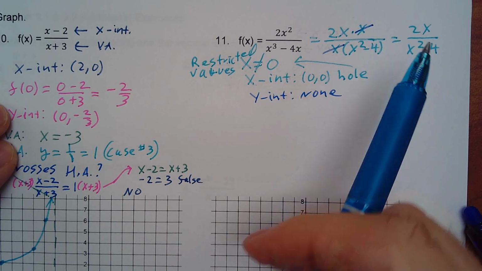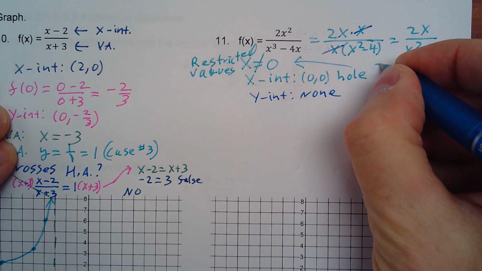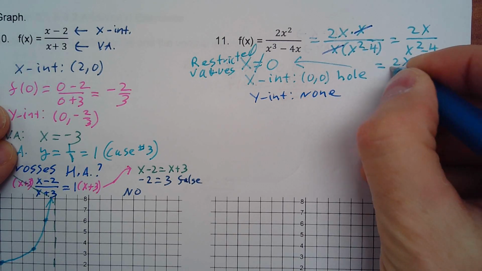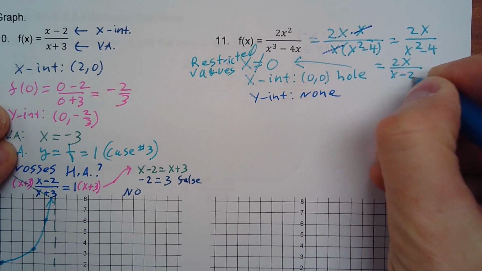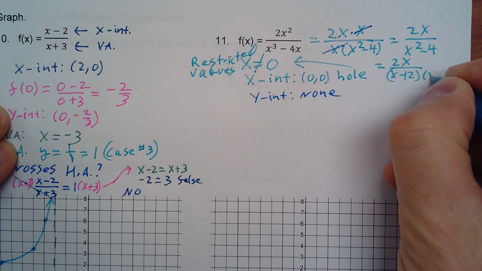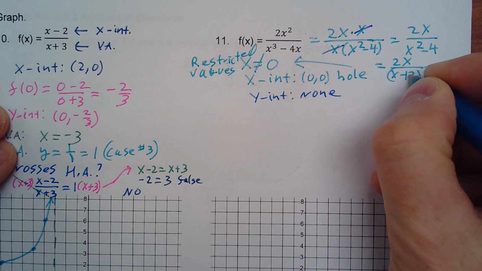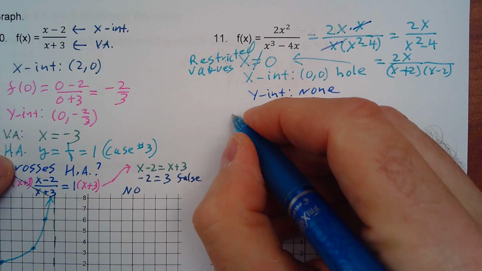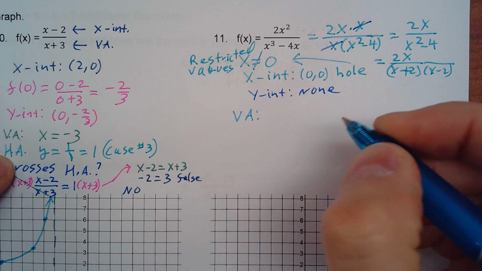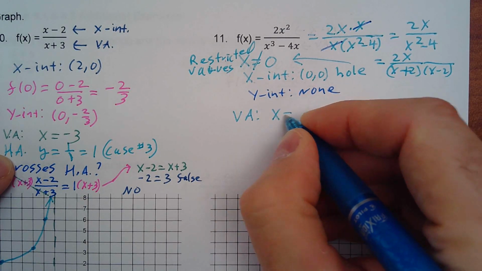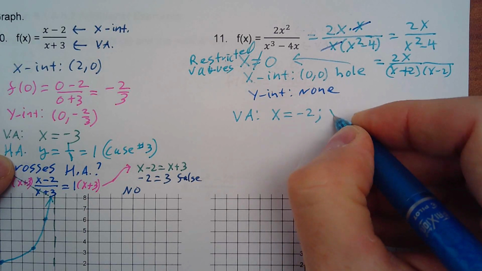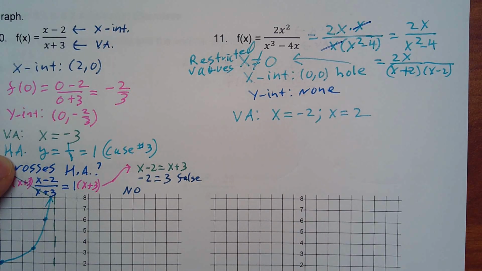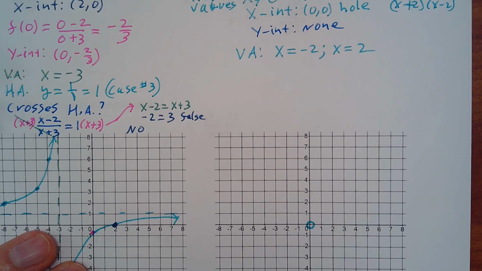So now if I look at this denominator, that's a difference of squares. I can factor it to x plus 2 times x minus 2. So I'm going to get two vertical asymptotes: x equals negative 2 and x equals positive 2. So let me draw those.